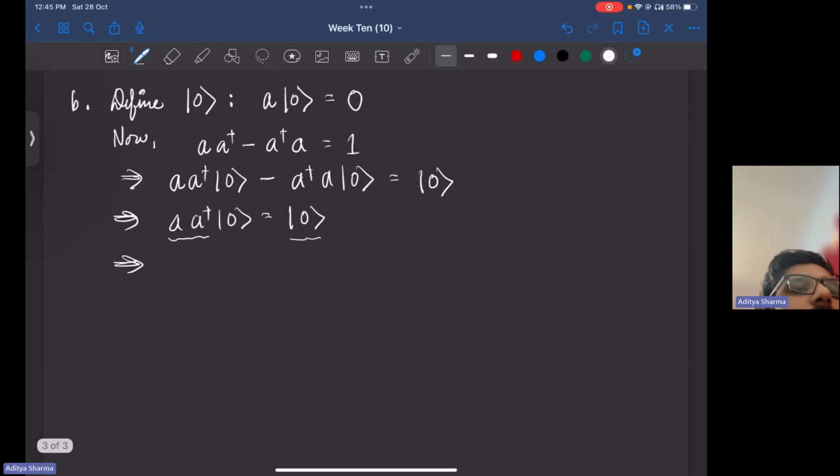It's not 0 the number, it's the vacuum. So when I say |0⟩, I don't mean the number 0. Vacuum means vacuum or ground state.